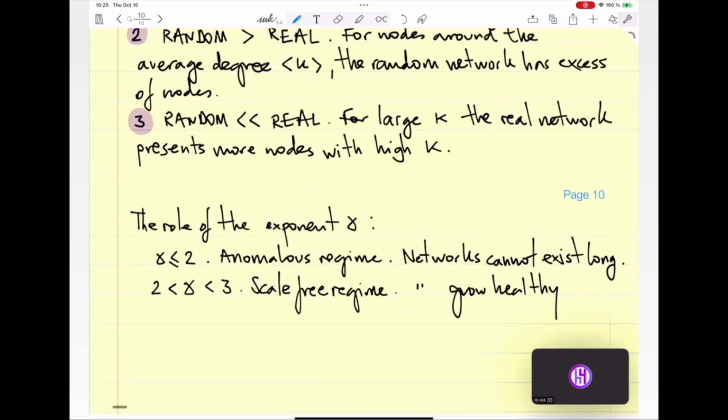If gamma is bigger than 3, then we have a random regime. And see above, okay? So we either have a real regime between 2 and 3, or we have a random regime, or we have a regime smaller than 2 in which we die. Okay? The network just breaks down. It has more degrees than nodes, and this is impossible. Okay.